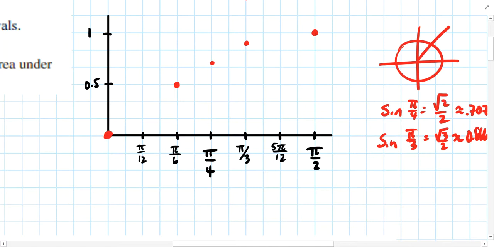So these are 5 data points that we should be familiar with based on our unit circle, and that does allow us to create this sketch with a fair amount of accuracy. This point might have been a little bit high here because I want a smooth and continuous line that connects these points. That looks representative. It may not be perfect, but I think it does a fair job representing the sketch.